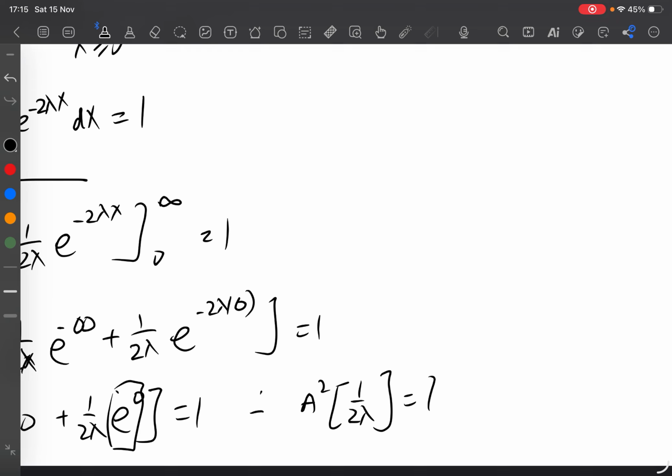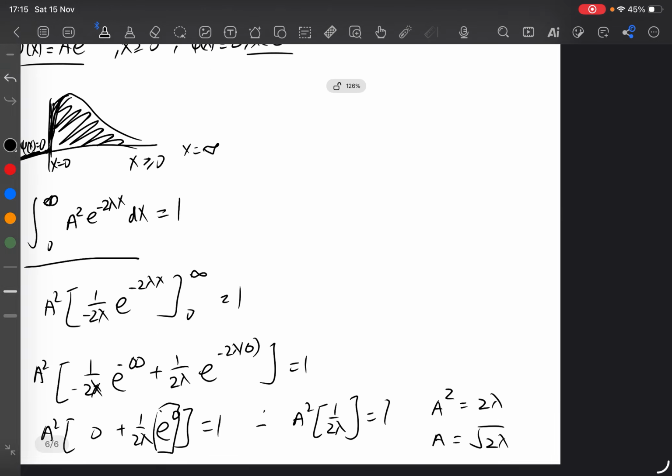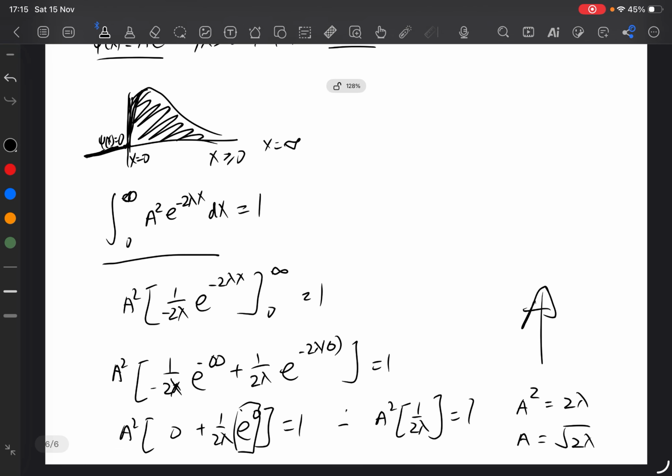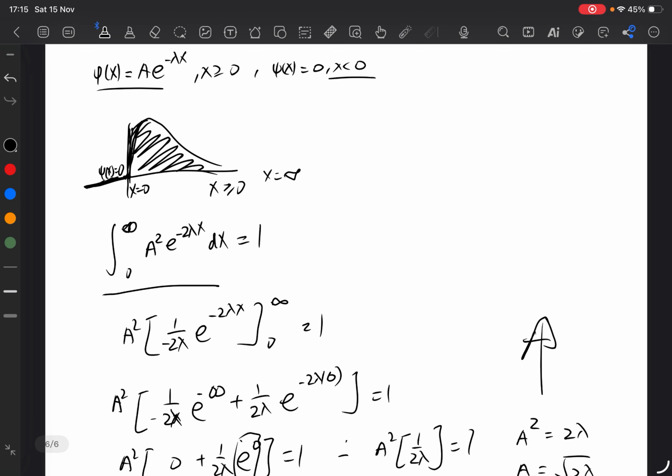Then we get the value of a squared equal to 2 lambda, so a will equal the square root of 2 lambda. So for the final wave function, we get the square root of 2 lambda e to the minus lambda x.